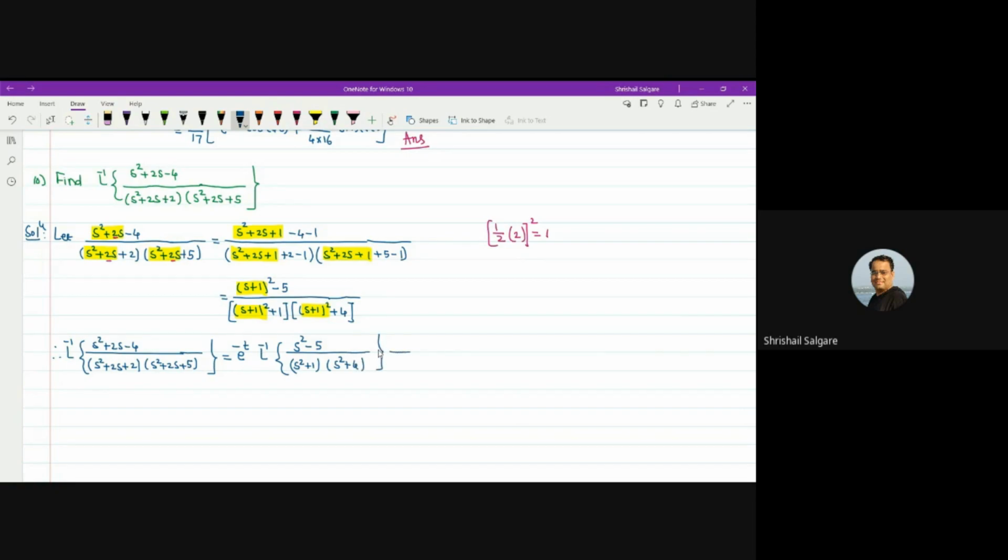Suppose this is equation number 1. Now just go to the next step. If any doubt, we can discuss. Otherwise, I will shift to the next.